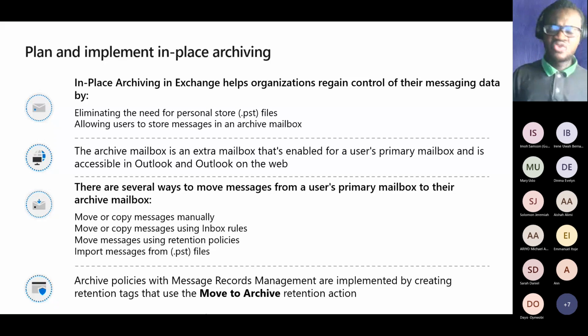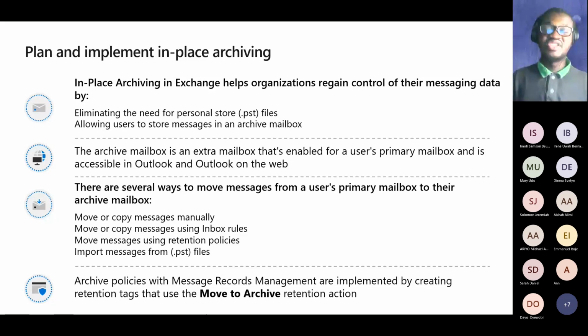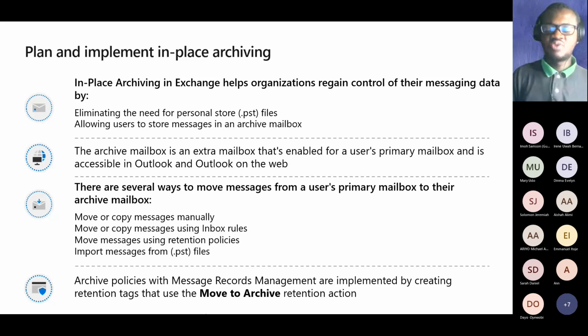However, I do not want to pay for plan two, right? Or let's say I have plan two. As a CEO, I should have plan two, that's 100 gig, right? And then because of the number of emails I receive and send out on a daily basis, my mailbox is getting filled up. So that is where the in-place archive comes in.